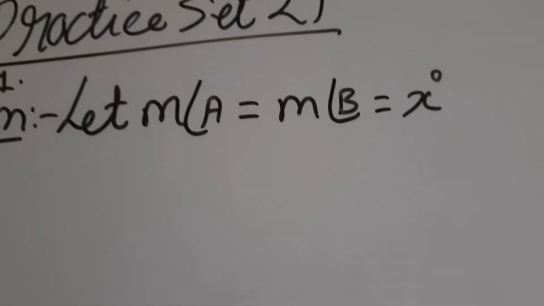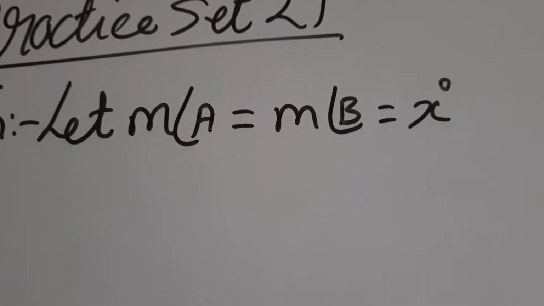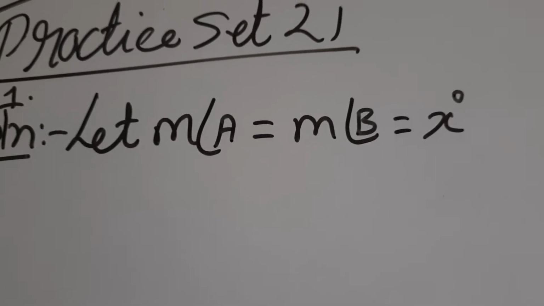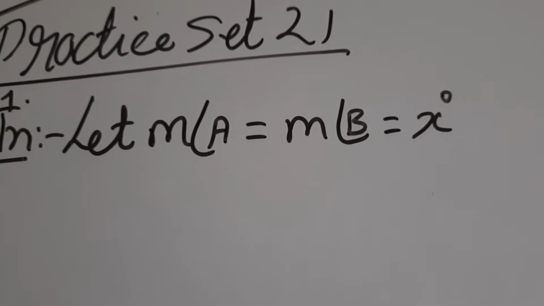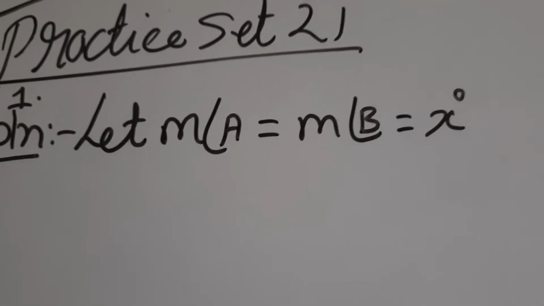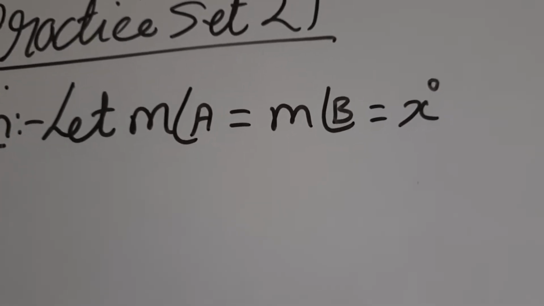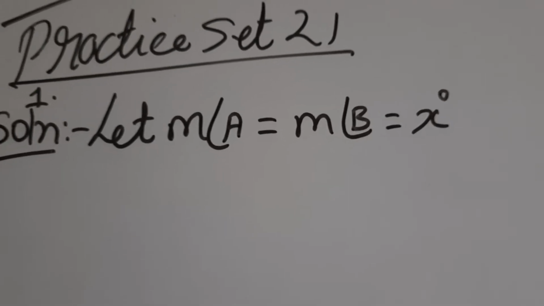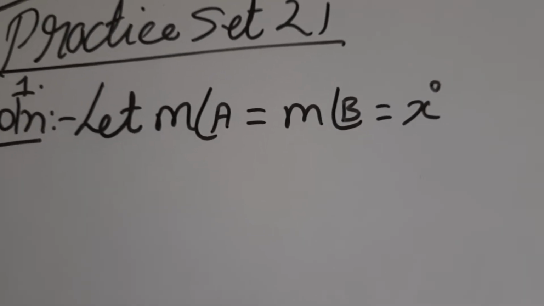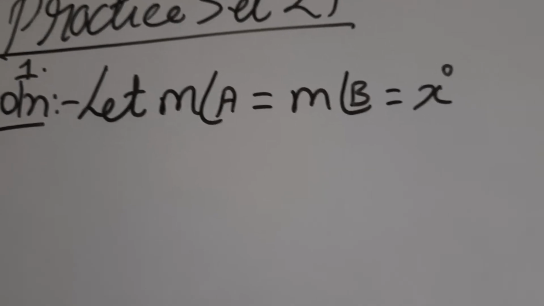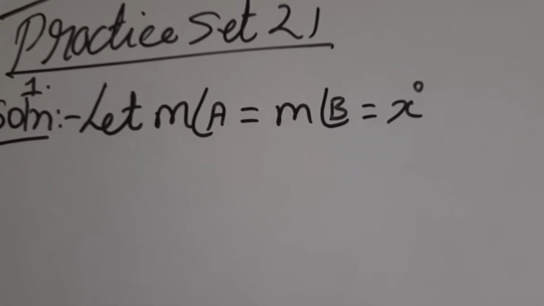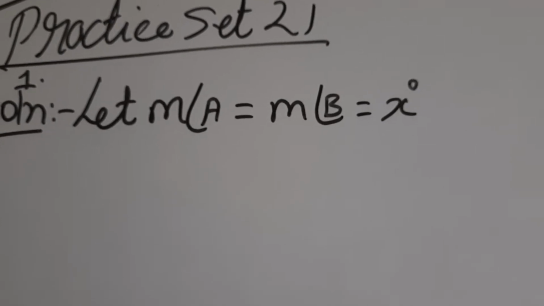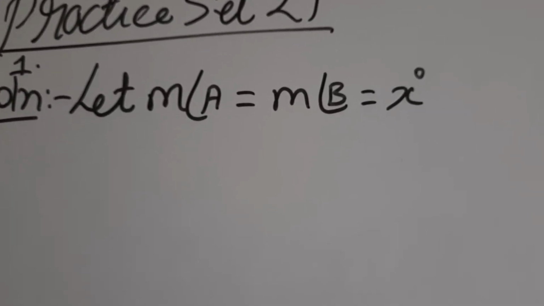So we write down, let measure angle A equal to measure angle B, which is equal to x degrees, because it is an unknown. Are you getting it, children? Using the property of the exterior angle of a triangle, that is, the remote interior angle property, we will solve the sum.